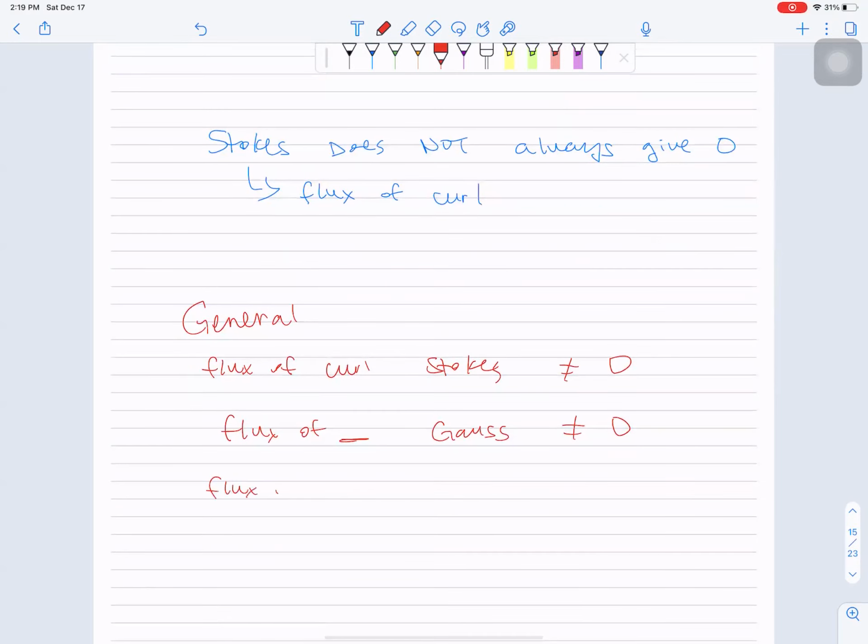But if you're doing flux of curl using Gauss, because you have a closed 3D shape, then you do get 0.